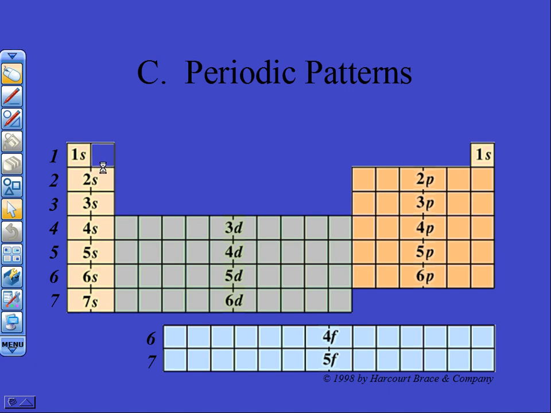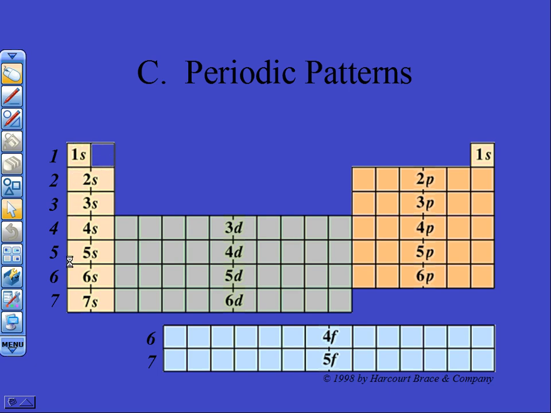S's can hold 2 electrons, and if you'll look here, there are 2 blanks where I've written S's. You notice this little element here, this is helium. He actually belongs right here in this little clear spot. Hydrogen's 1s1, helium's 1s2.